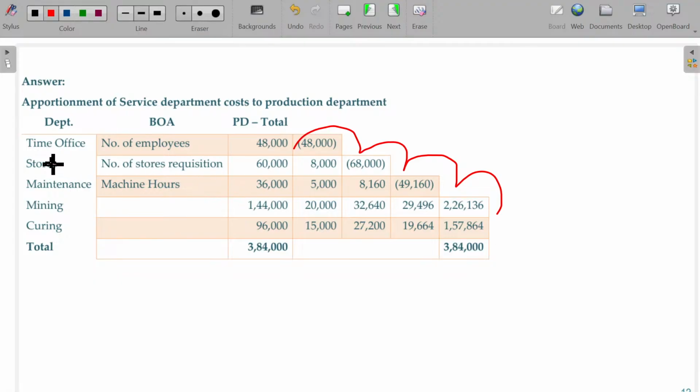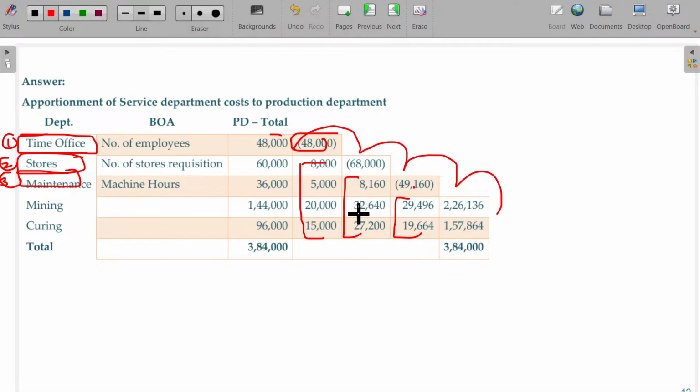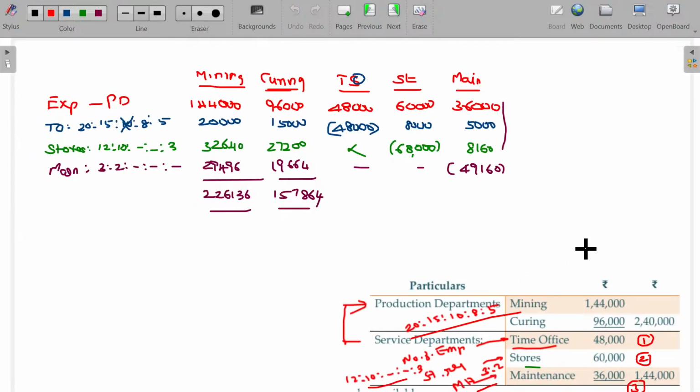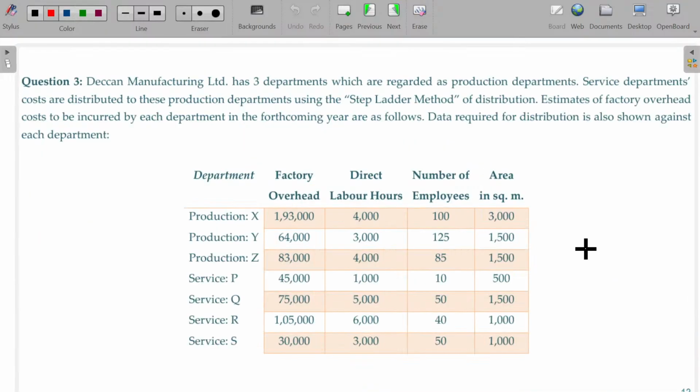The department which has more distribution, topper, second topper, third topper. This overhead 48,000 is distributed to the 4 departments. This is distributed to 3 departments. This is distributed to 2 departments. To make you understand a step-like look, it is not required to post this way. You can work out this way also, no problem.